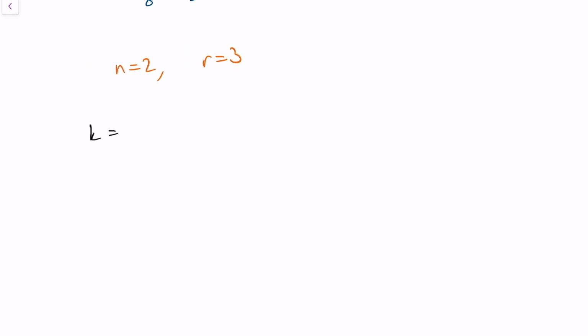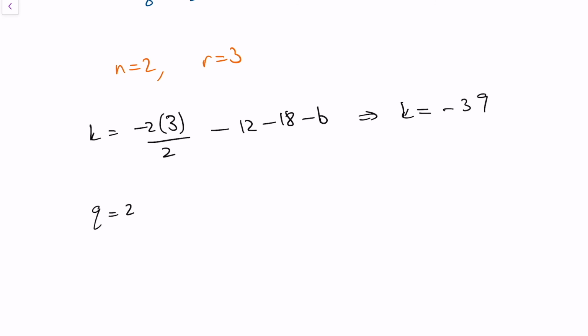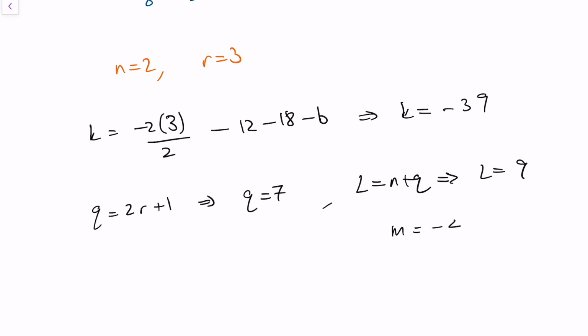So we have k is equal to -2, 3 over 2, minus 12 minus 18 minus 6. So that implies k is equal to -39. Well, q is equal to 2r plus 1 implies q is equal to 7. l is equal to n plus q, which implies l is equal to 9. And m is equal to k minus 1, so m is equal to -40.